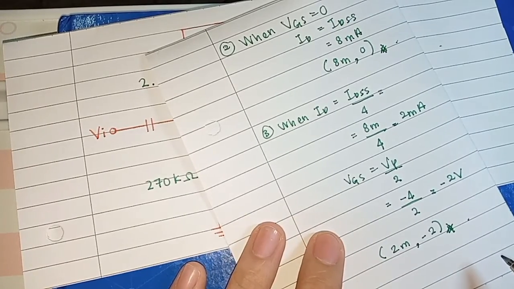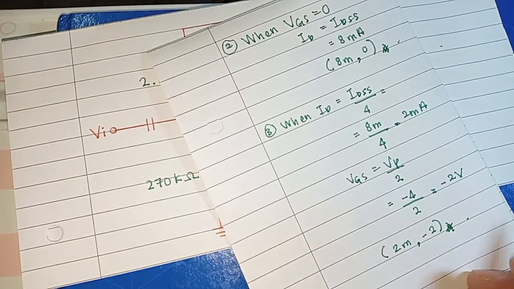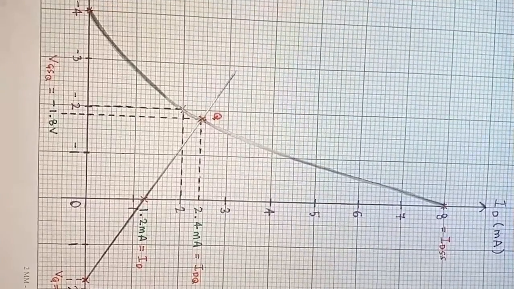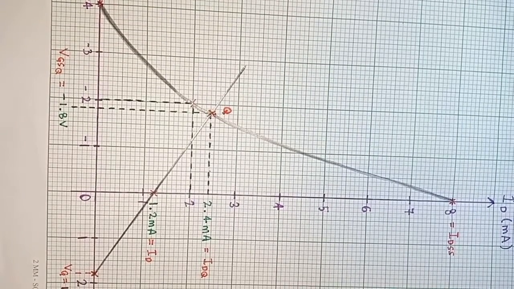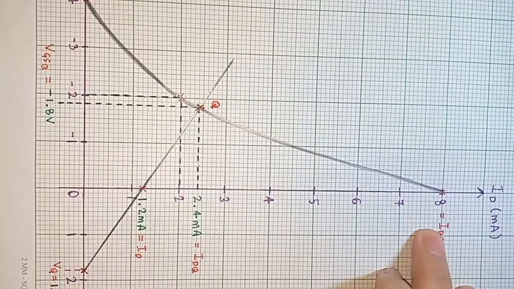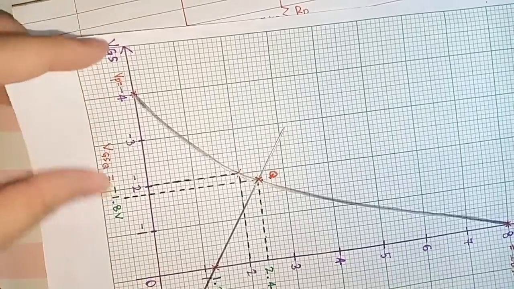Okay, so we need to do the graph. Here is the graph that I have sketched. IDSS is 8 and VP is negative 4.